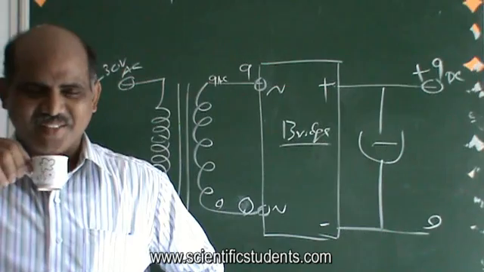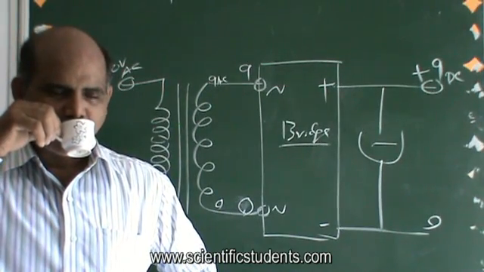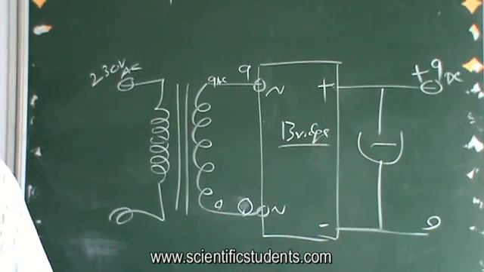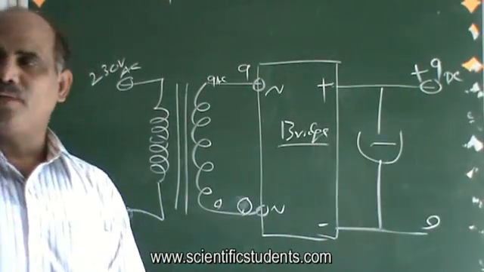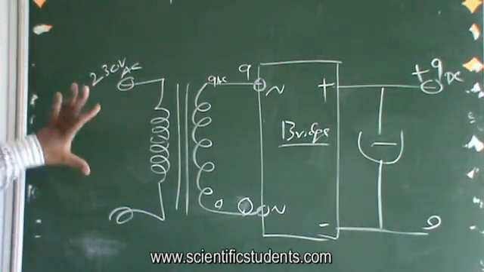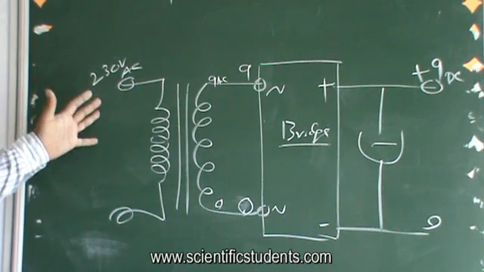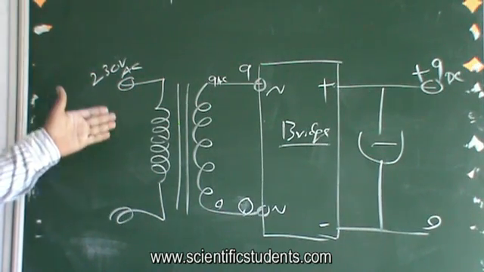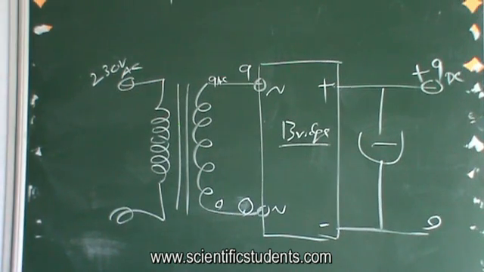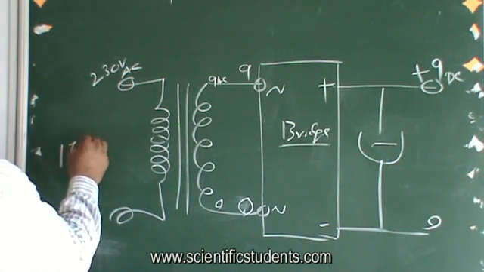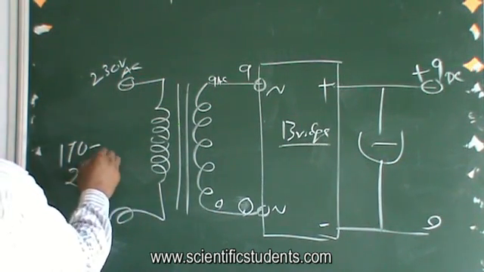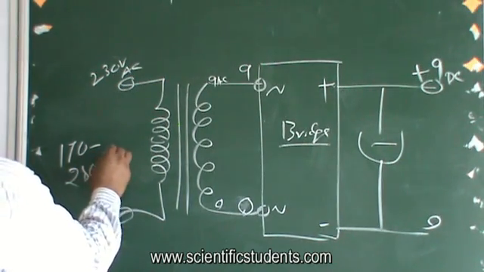Okay, one important point. Now listen, the most interesting part I identified in my childhood: the primary voltage can go up and down. In India it is happening, the primary voltage can be anywhere between 170 to 250 or 260 sometimes.